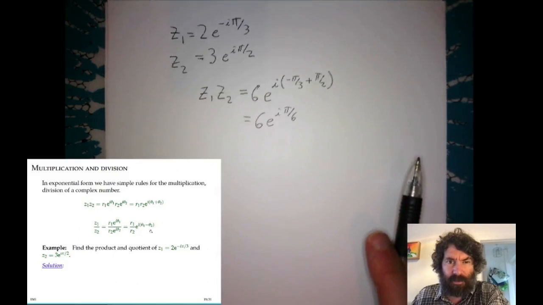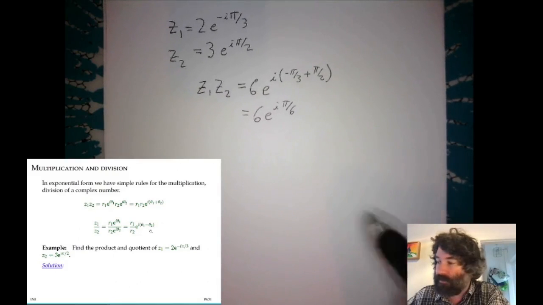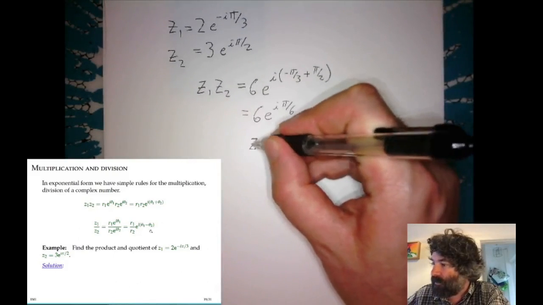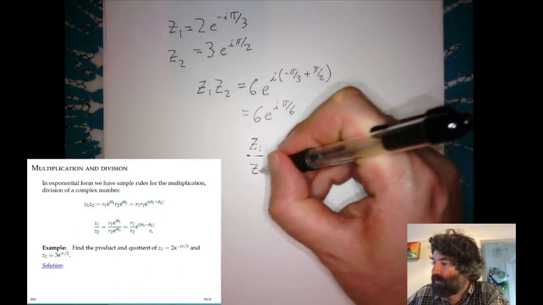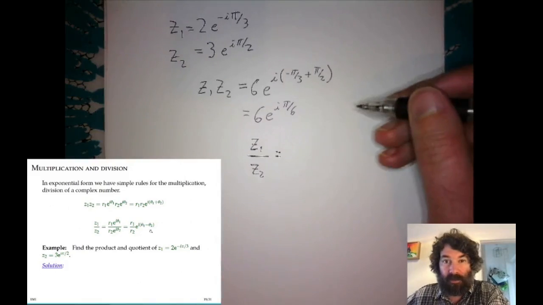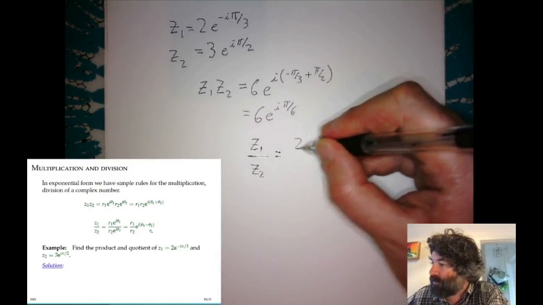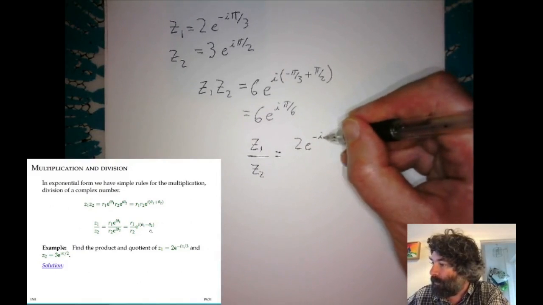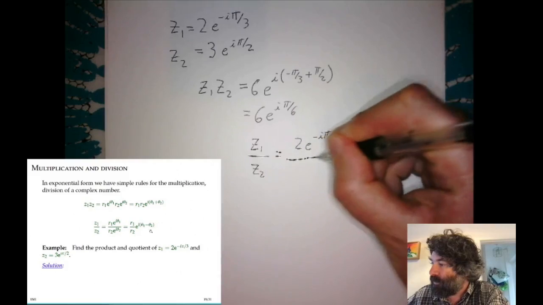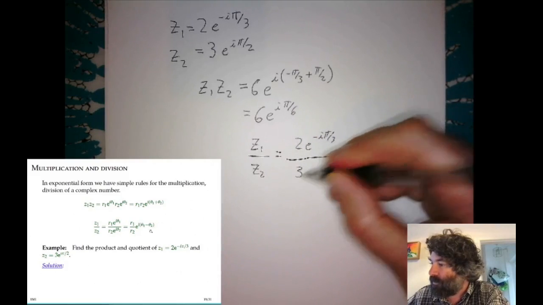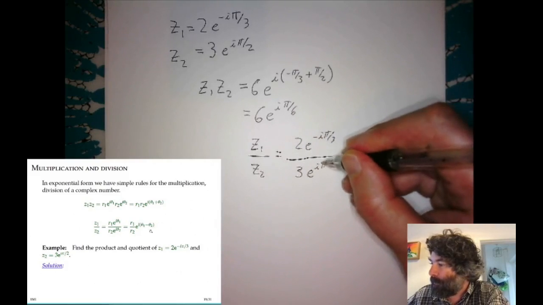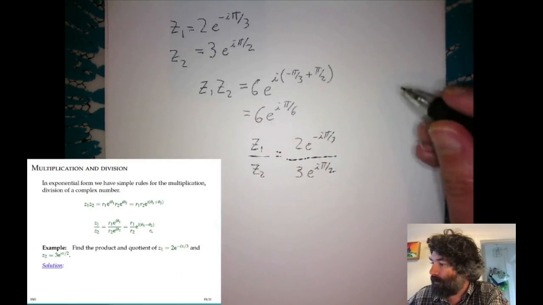All right, what about the quotient of z1 and z2? So let's think z1 divided by z2. And so we have z1 is 2 e to the negative I pi over 3 divided by z2, 3 e to the I pi over 2.